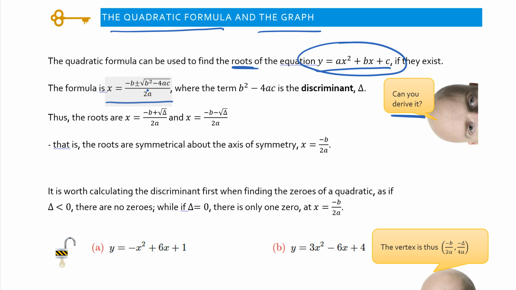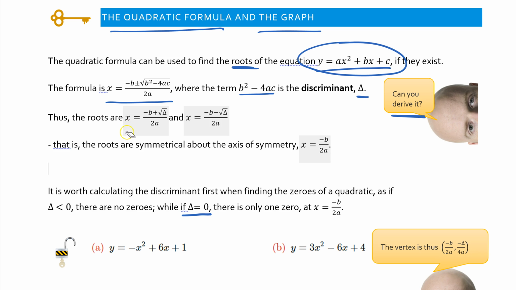Now, when you do end up with that formula, the part under the square root sign, which is b squared minus 4ac, is called the discriminant. And the discriminant is crucial in describing the graph.